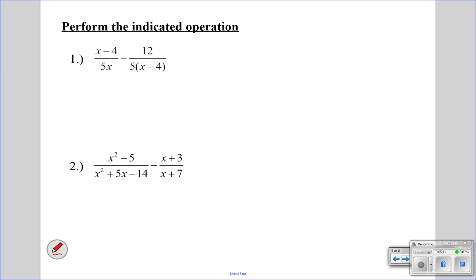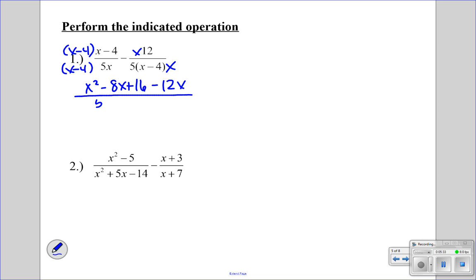All right, next up. This one is already factored. So what we need to do is multiply the first one by x minus 4 on top and bottom, and the second one by x. Okay, so we have x squared minus 8x plus 16 minus 12x all over 5x times x minus 4.